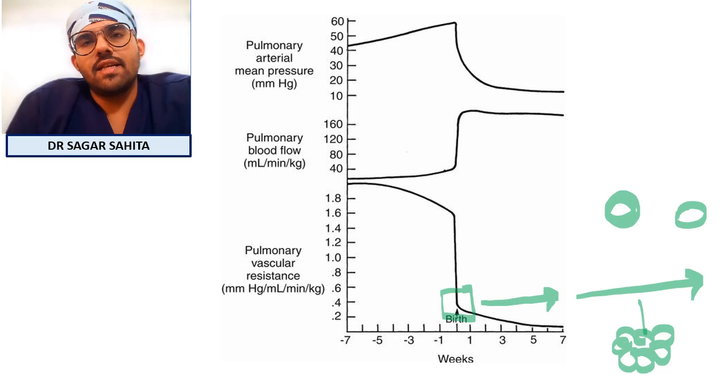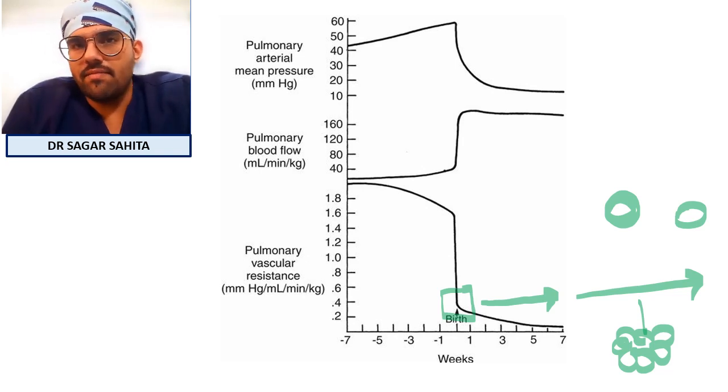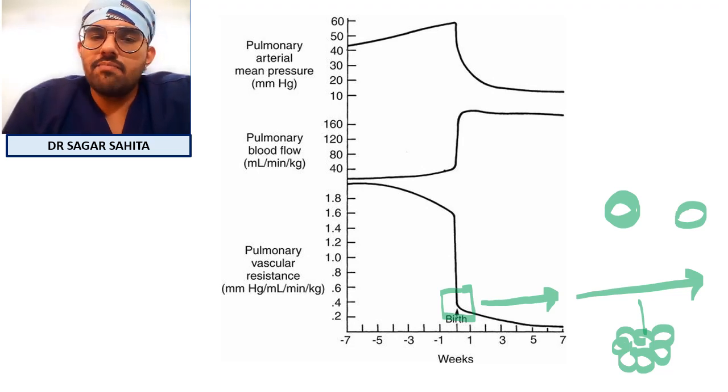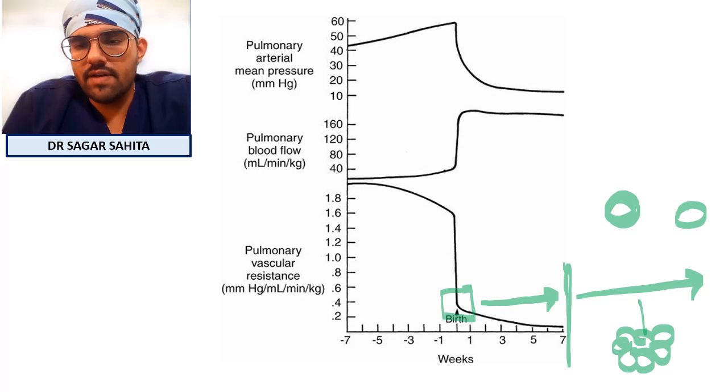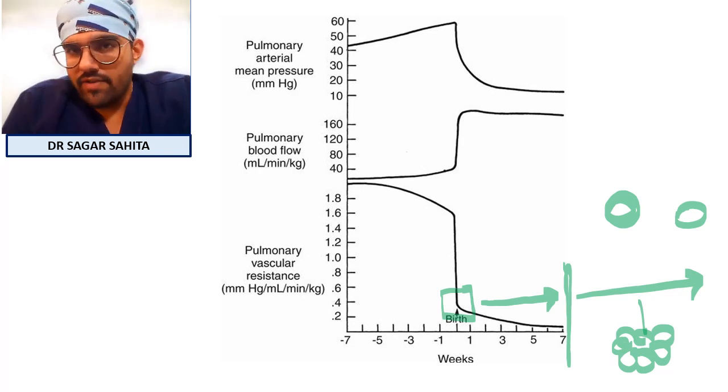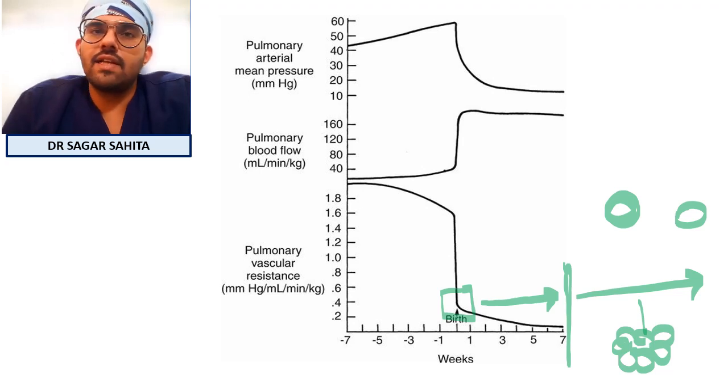If the pressures in the right and left sides of the heart are the same, no shunting is going to occur, right? But as the pulmonary vascular resistance reaches close to the adult level by 7 to 8 weeks of life, the right-sided pressures are very low, and that is when left-to-right shunting starts.